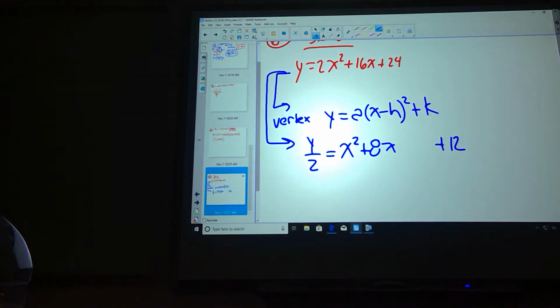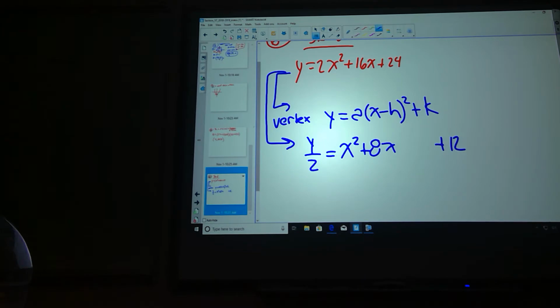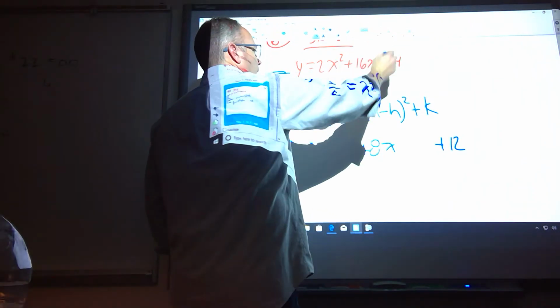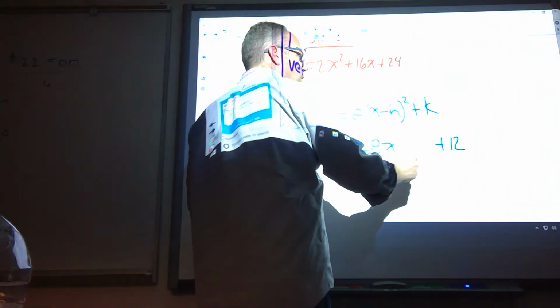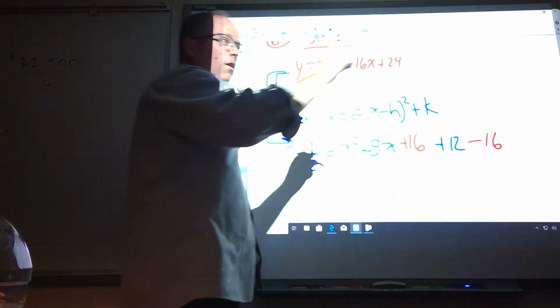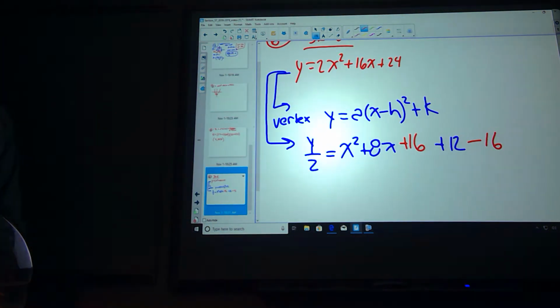What did I do to everything? Divided everything by 2, right? Okay, so now I want to complete the square. Half of 8 is 4. 4 squared is 16. If I add 16, I have to subtract 16 from the same side. Does that make sense?